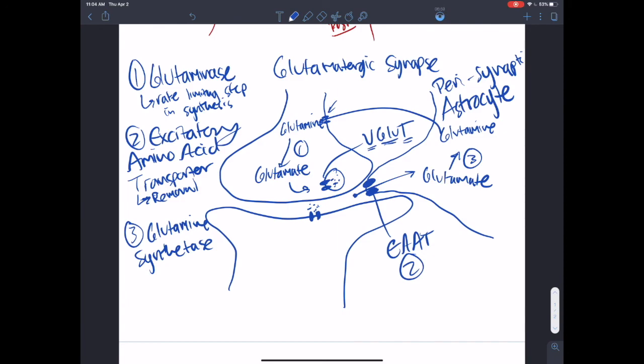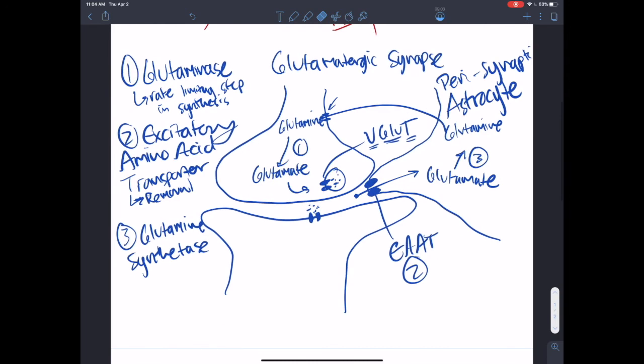And if I had drawn this better from the get-go, I guess I should, let's see if I can just do this. It actually goes back into the synaptic cleft. And that transporter that brings it back in is actually within the synaptic cleft. It's kind of how this perisynaptic transport works. It's pretty local to this region of the astrocyte, so that's kind of a bad way to draw this. But essentially, you're putting glutamine back into the cleft where it doesn't have an activity, right?